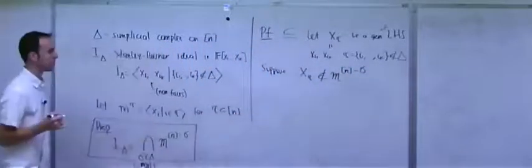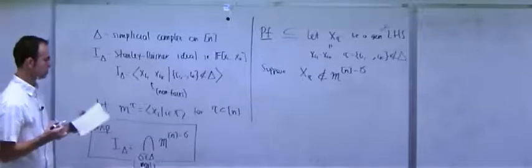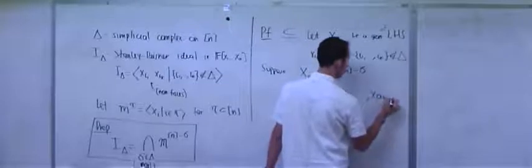Okay? And maybe we can call this guy xa1 up to xak, where n minus sigma is a1 up to ak.